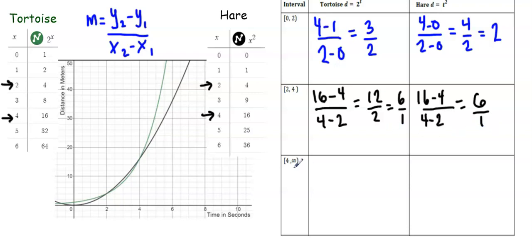So finally, let's look at this last interval from 4 on to positive infinity. For the tortoise, as time continues to increase, the distance increases by continually multiplying by 2, because with this exponential function, the common ratio is 2.